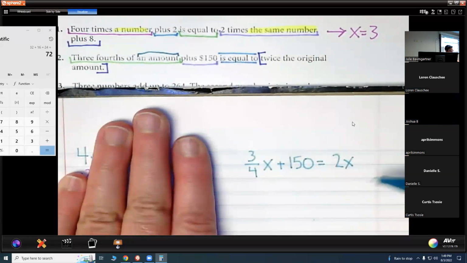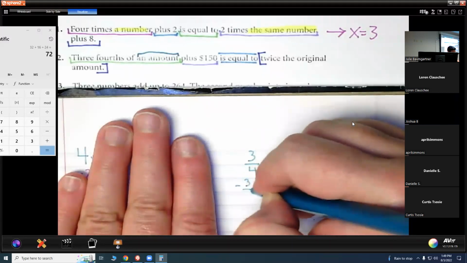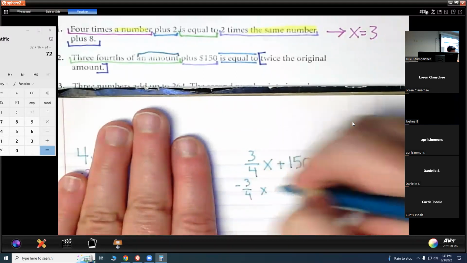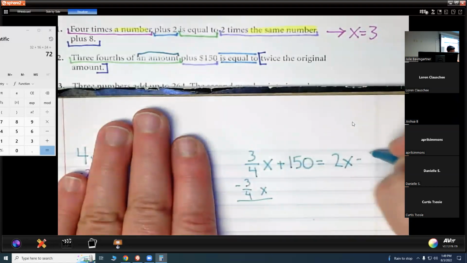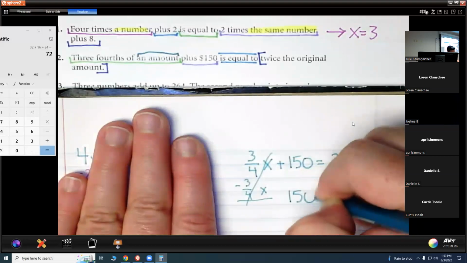So then, unfortunately, I've got x's on both sides. So I should subtract 3/4 x from both sides. So then I have 150.